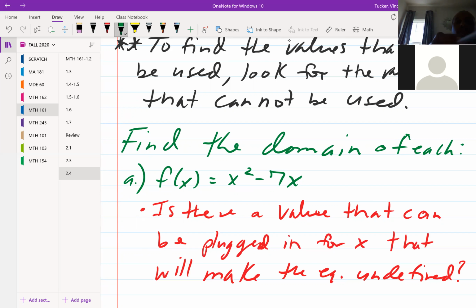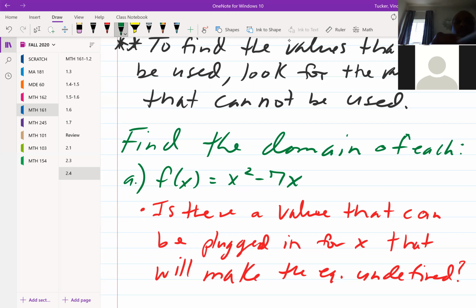If you're a little sketchy on what I mean by that, you'll see in the next example. Basically, there's nothing I can plug into this equation for x that won't work. I can plug in 5, I can plug in 0, I can plug in 1, I can plug in negative 100, negative 1 million. I will always get an answer. I can calculate that. I will just square the number and then subtract 7 times that number. There's nothing I can plug in to make it undefined.